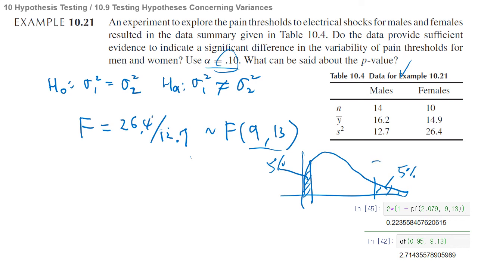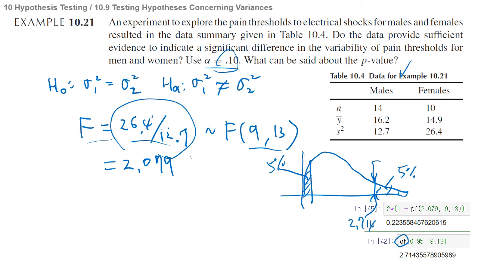Since this value is quite large, you calculate it using qf, and 0.95 will give this value, which is 2.714. You can also calculate the other value if you put 0.05 inside the qf function, but that isn't needed.